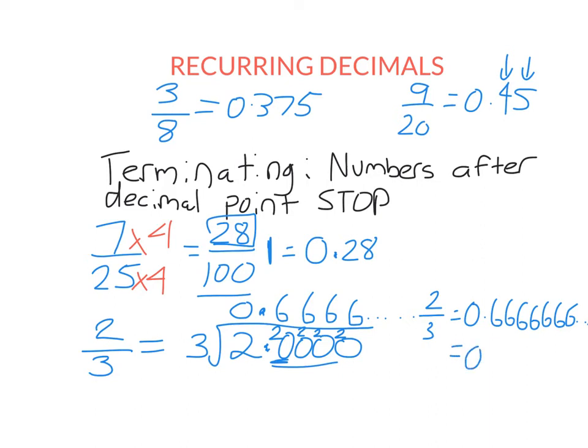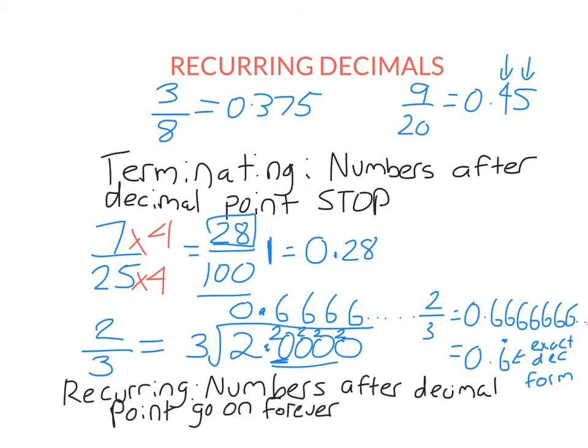What we do is we write the decimal, but we just put a dot over the number or numbers that go on forever. This is what we call exact decimal form. So 2 over 3, we read this as 0.6 recurring. The 6 recurs, it goes on forever. That is an example of a non-terminating decimal or a recurring decimal.